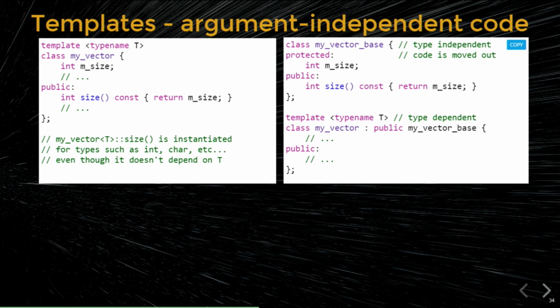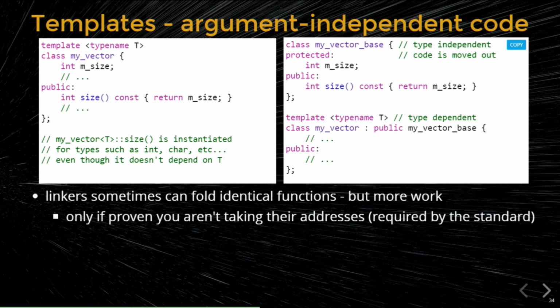It's not dependent on the type. And this way, the compiler will have to instantiate fewer methods for a specific type each time we use the template. And now that it's outside of a template, it's much easier to actually move that size method outside of the header file in the first place. Again, it might not make sense for small functions like this, but this trivial example shows what I'm trying to say.